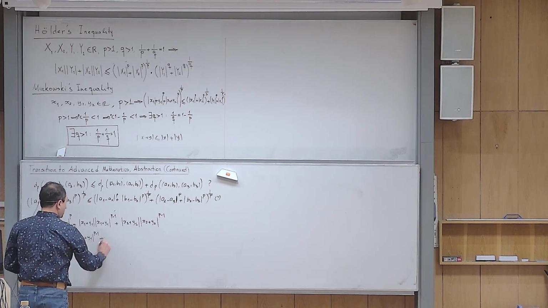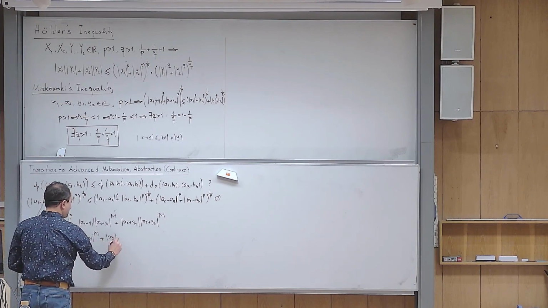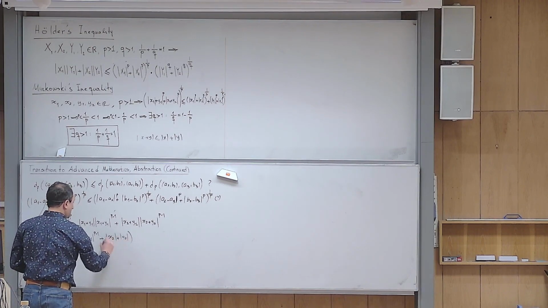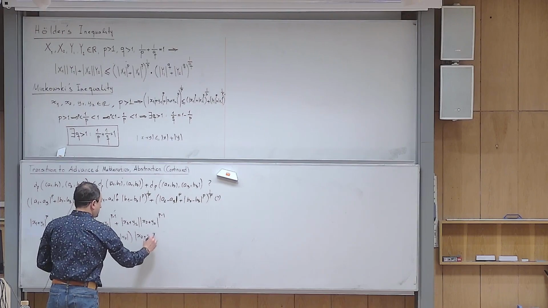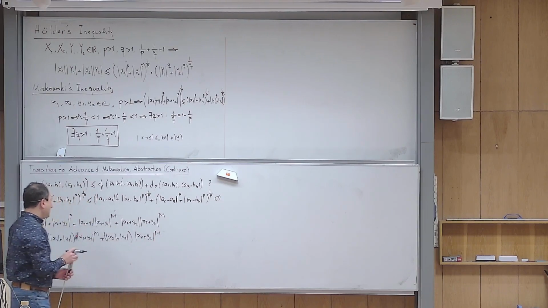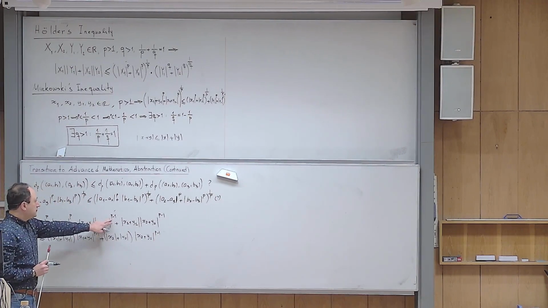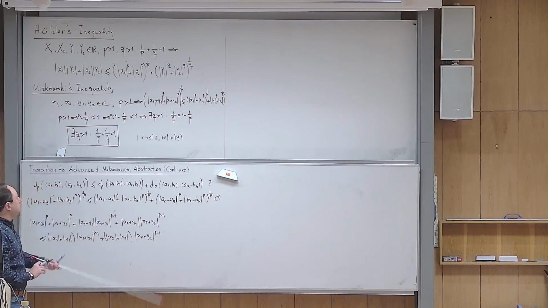And then I have the same thing here, absolute value of x2 plus absolute value of y2 multiplied by absolute value of x2 plus y2 to the power of p minus 1. And I don't have any problems with p minus 1 because I've assumed that p is greater than 1, so p minus 1 is still positive.